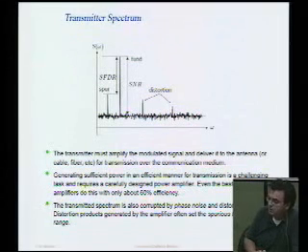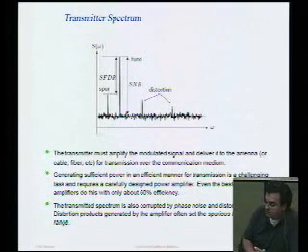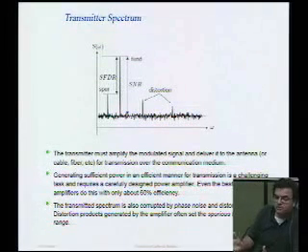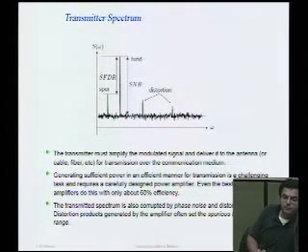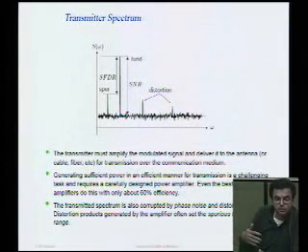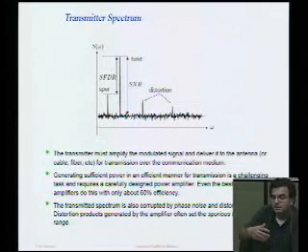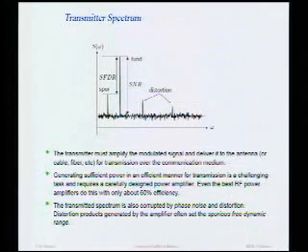What is an issue is distortion that's generated by our power amplifier. And distortion is basically, as we all know, a linear system takes an input power and turns it into output power with some gain. A nonlinear system, unfortunately, can generate new tones. Basically, it can translate the input frequency to different output frequencies.